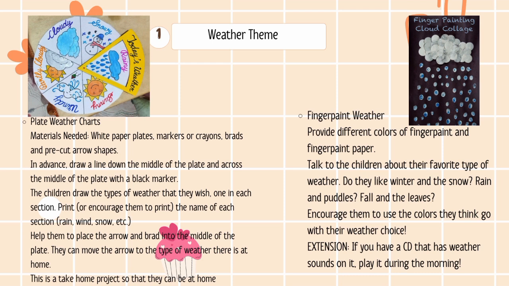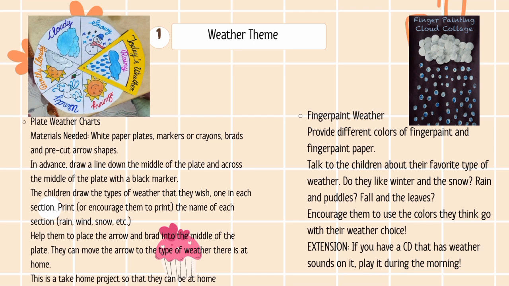Another example for weather theme activity is plate weather. Materials needed: white paper plates, markers or crayons, brads, and pre-cut arrow shapes. In advance, draw a line down the middle of the plate and across the middle of the plate with a black marker. The children draw the types of weather that they wish, one in each section.